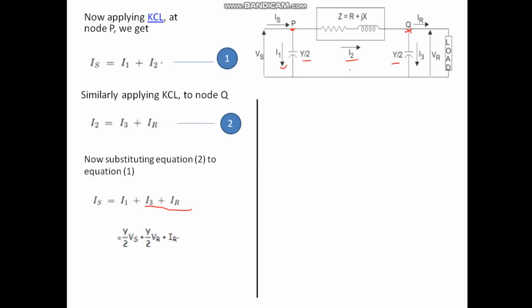Now what is I1? I1 is the current through this branch. How do we find current? Voltage divided by impedance.